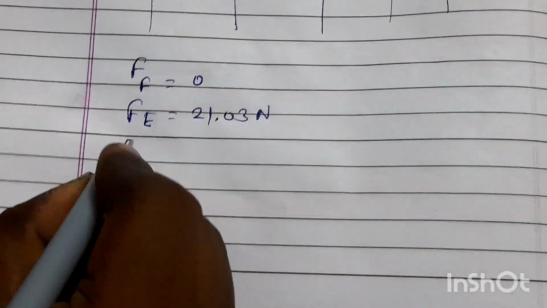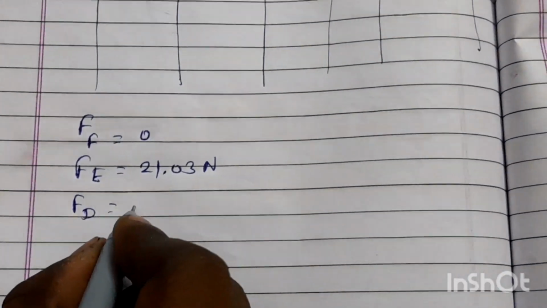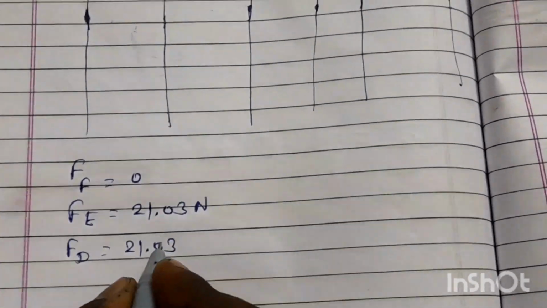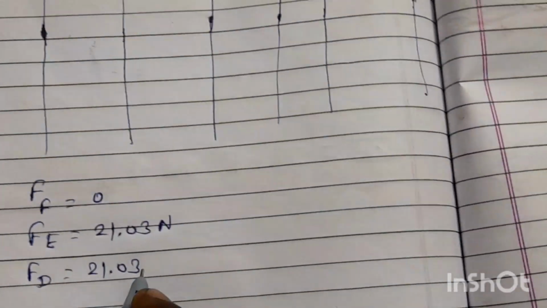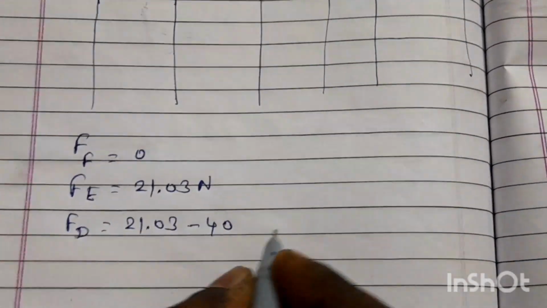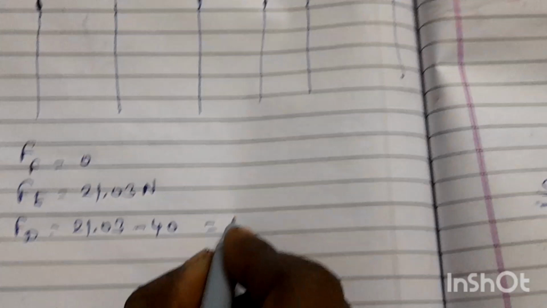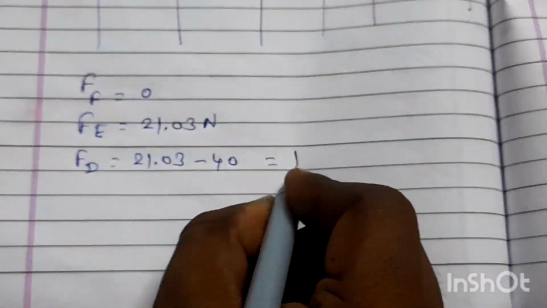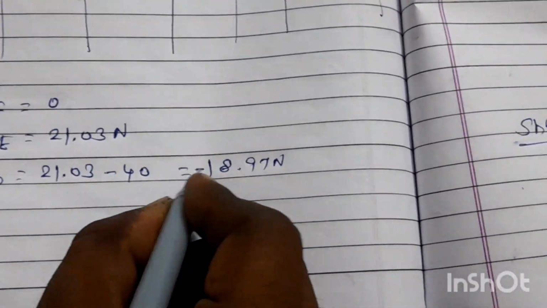What about F at D point? So 21.03, right side downward is negative, so just make it a subtraction. So finally we will have 18.97 Newton. It is of negative value.